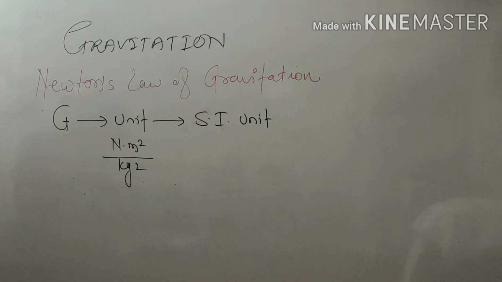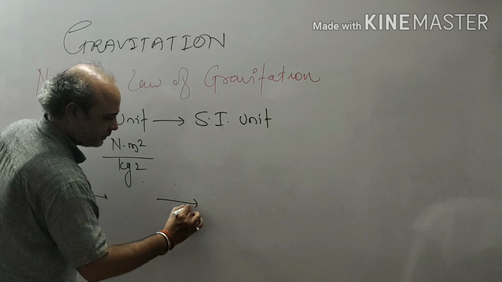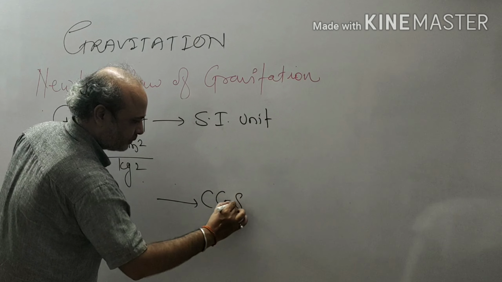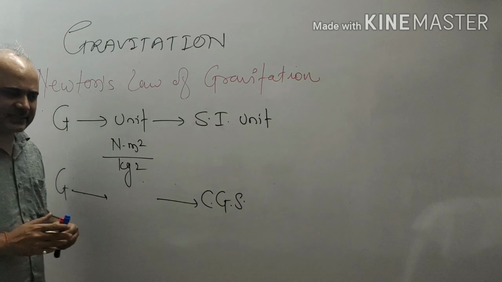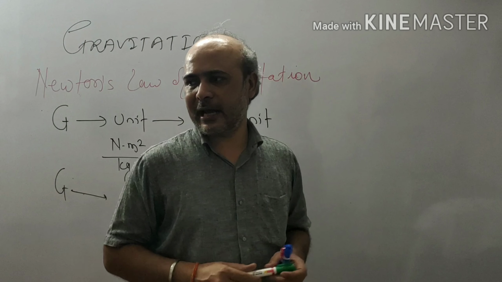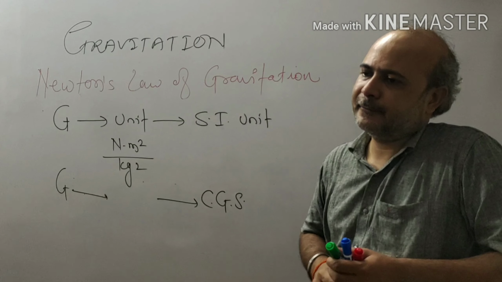Clear friend? And what is the unit of G in the CGS system? What do you mean by CGS? C means centimeter, G means gram, and S means second.